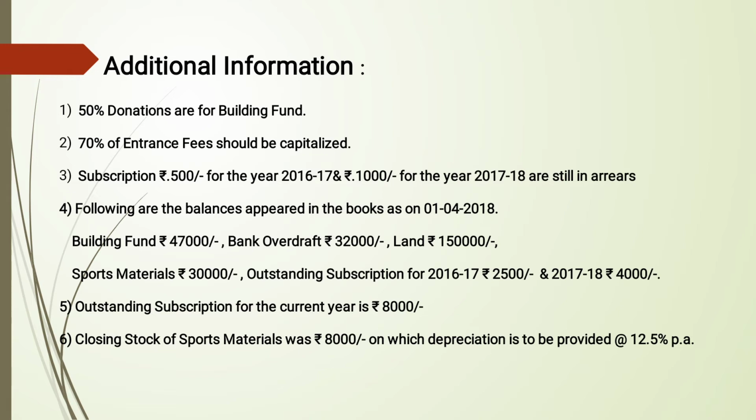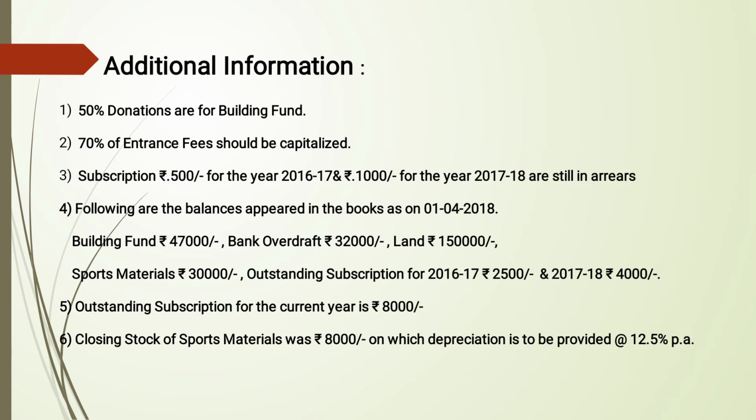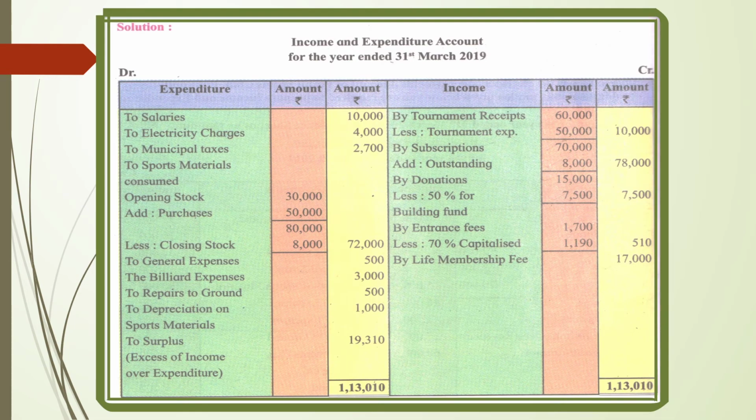So write the donation item on the income side, that is 15,000 less 50% for building fund 7,500, outer column 7,500, and the second effect of this 7,500 of donations is added to the building fund item on the liability side of the closing balance sheet.